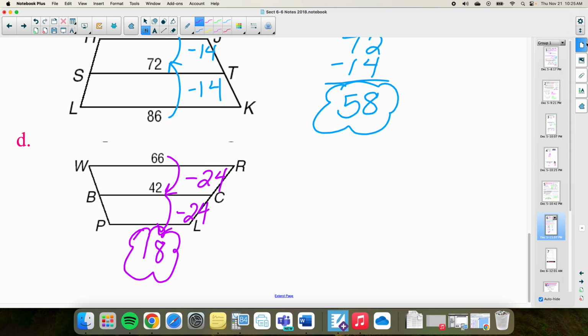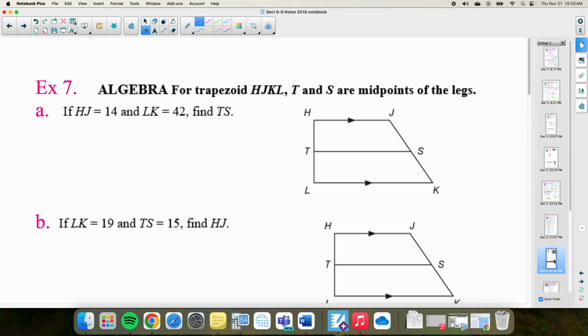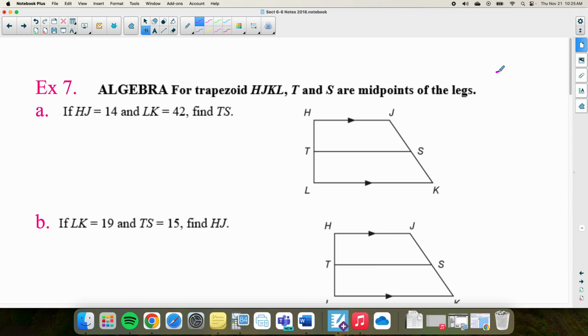Okay. Now we have one last page. These are just regular trapezoids. We're gonna write in what we know. And this is gonna be a combination of sometimes you're given the two bases, sometimes you're given the base and the mid segment, and you have to find the other one. So in this one right here, they tell us HJ is 14 and LK is 42, and we want this one.